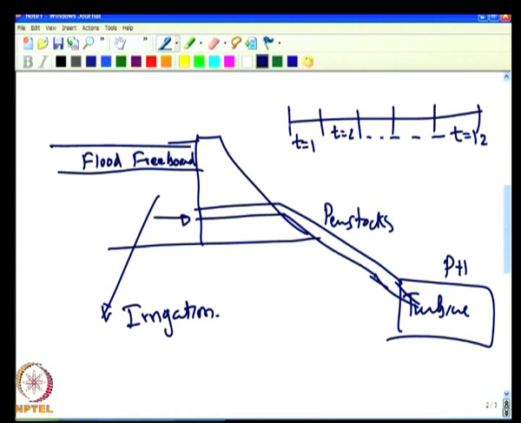You have to specify a priori for a given storage during a certain time period t, how much release should be made from the reservoir for irrigation, for hydropower, or for any other purpose, let us say municipal and irrigation releases, or how much storage to be maintained during the flood season in the reservoir to accommodate the flood volumes.